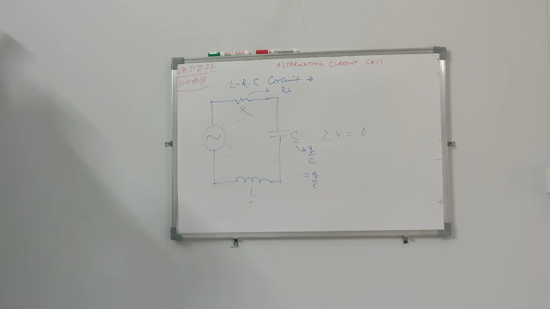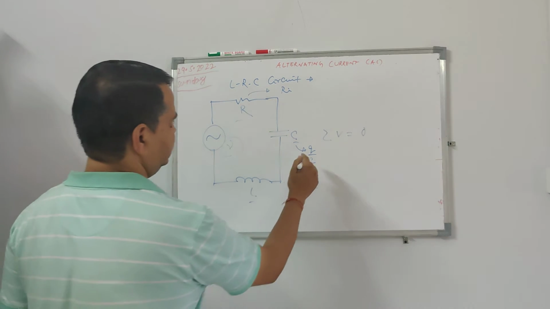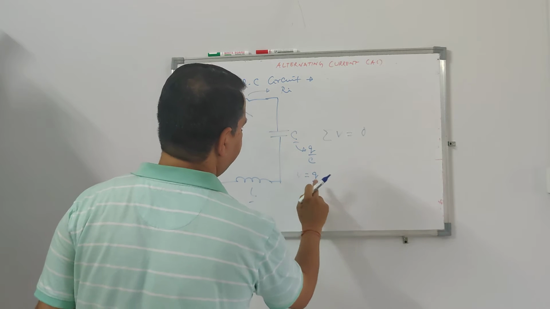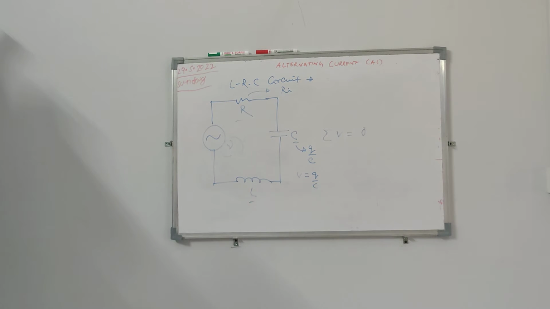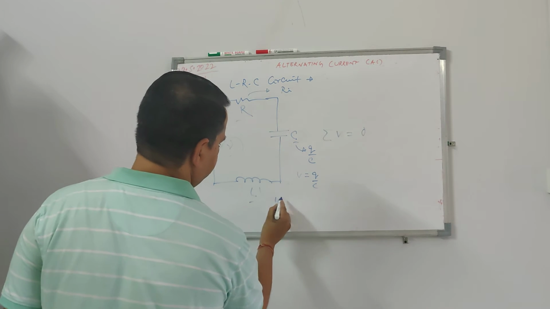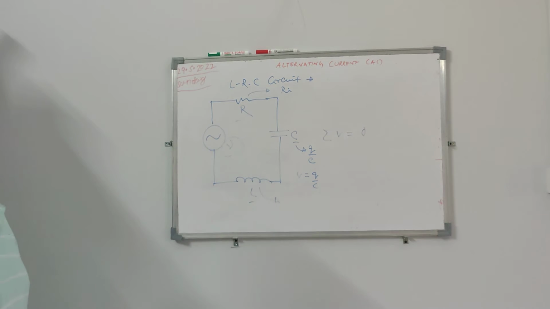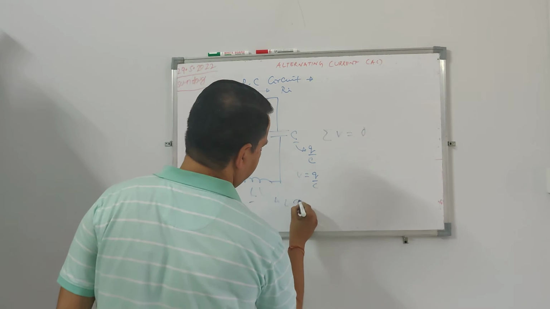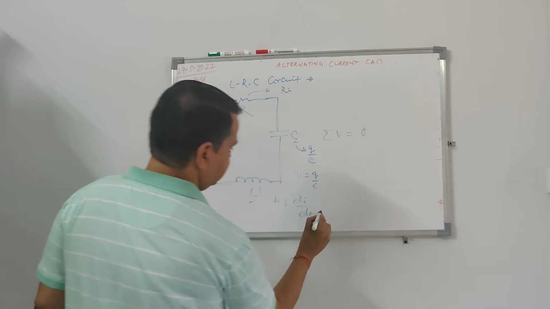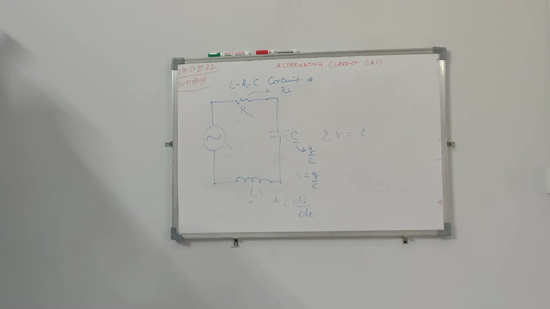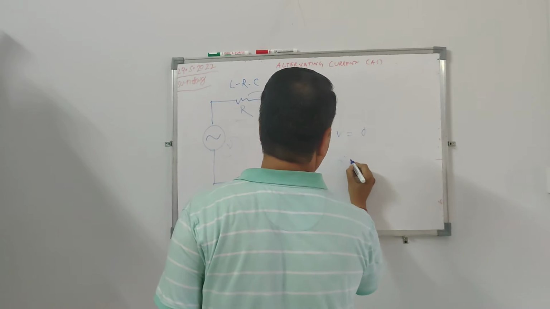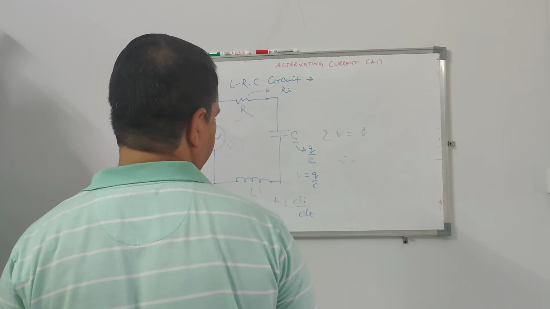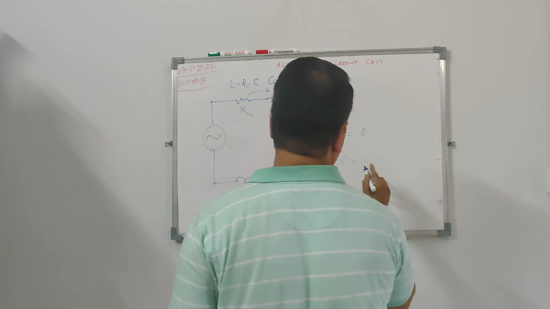The voltage drop across the inductance is equal to L di by dt. So these are the 3 voltage drops. Your instantaneous voltage V is the addition of all 3.